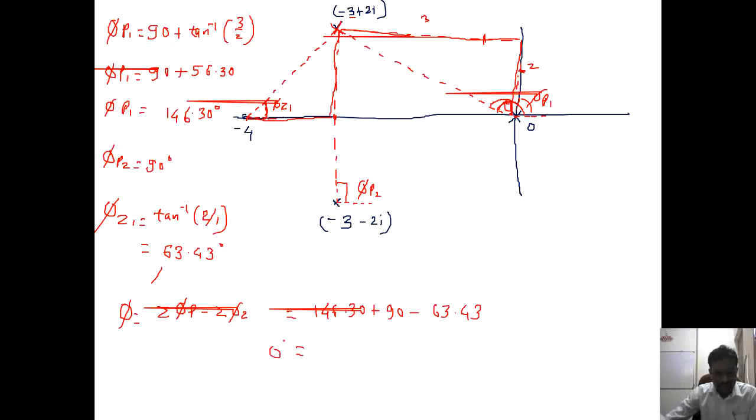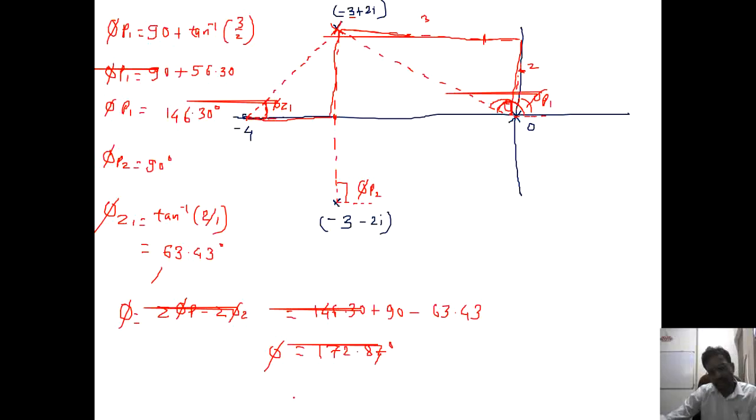So finally phi will be 146.30 plus 90 minus 63.43, you will get 172.87 degree.